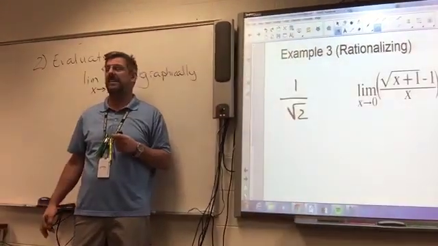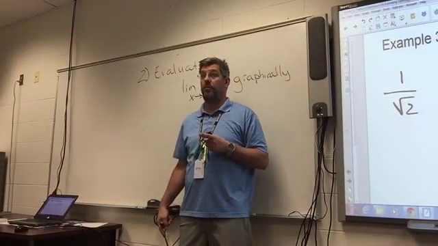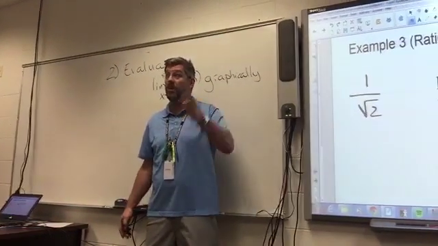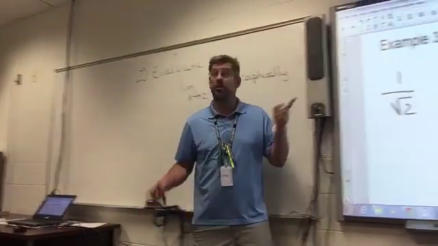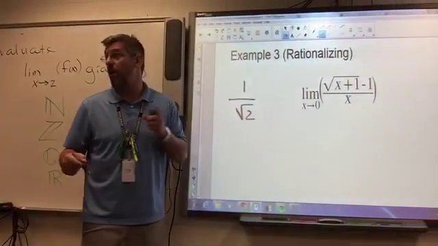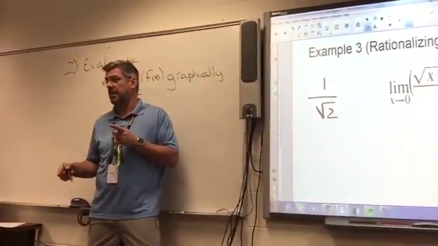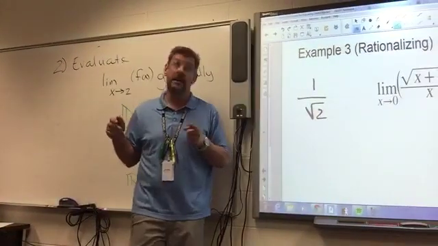No, I do not like that. So what do I do? Multiply by the square root of 2. I multiply by 1, but what does that 1 look like? Square root of 2 over square root of 2, right? Okay. What do I call that process? Rationalizing. Rationalizing the denominator, right?